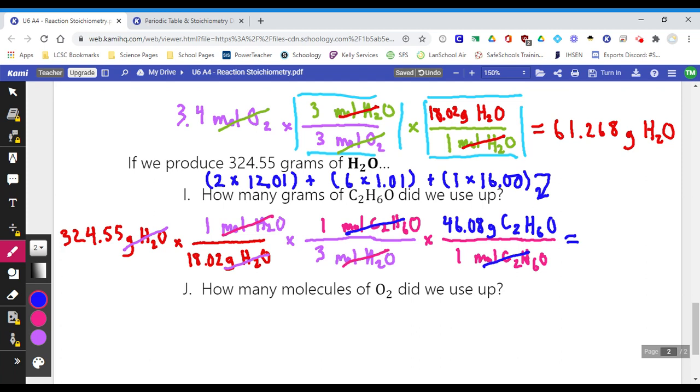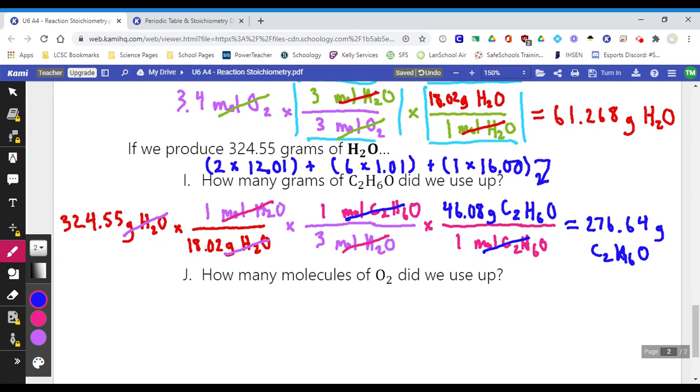And I get about 276.64-ish grams of C2H6O. And that's my answer.